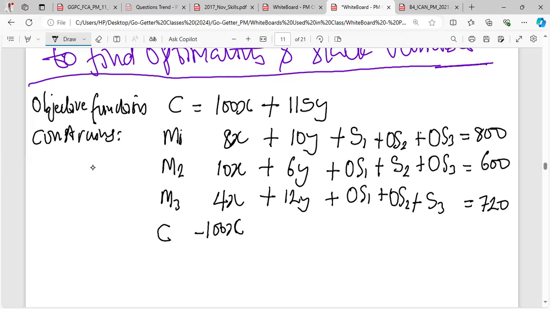Now this 115y becomes minus 115y. Then there was no s1, s2, s3, so simply put 0 s1, 0 s2, 0 s3. If you like, because they have been expressed in minus before here, you can decide to put minus all through.